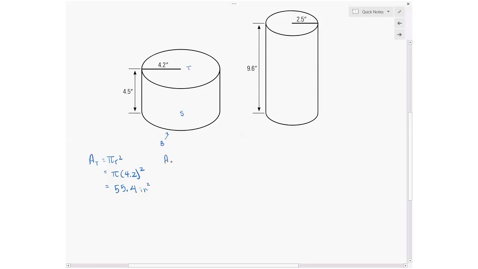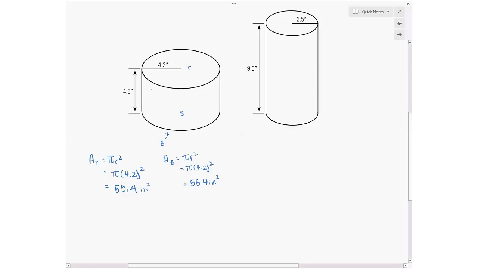Now the bottom, well, that's still just a circle, just pi r squared, same radius, pi 4.2 squared, same area, 55.4 square inches. Now the side is a little bit more complicated. If you think about it, think about if you've ever taken a label off of a can, for example, and if you take it out really carefully and roll it out, it makes a rectangle.